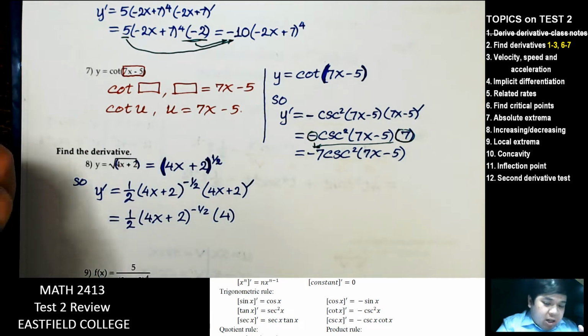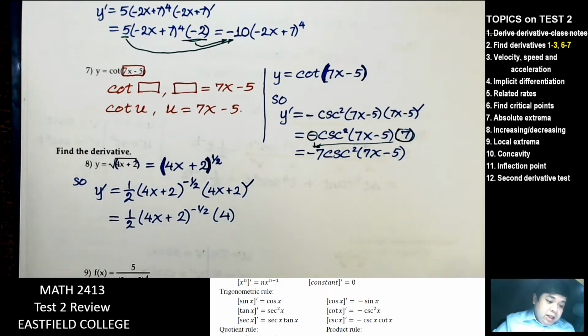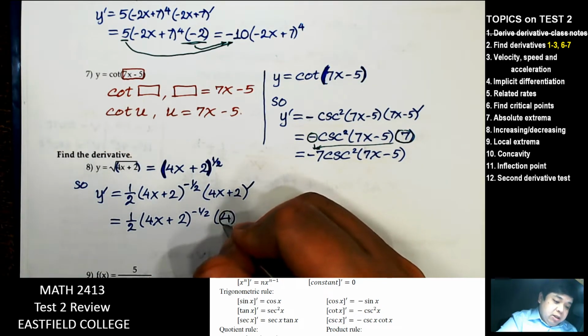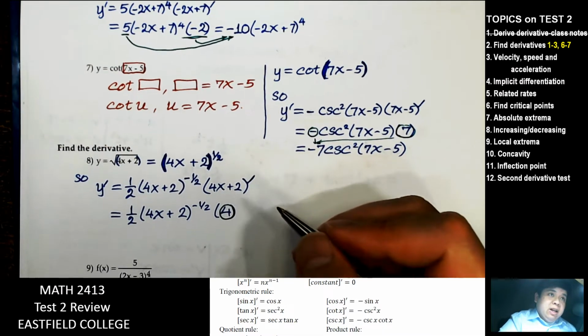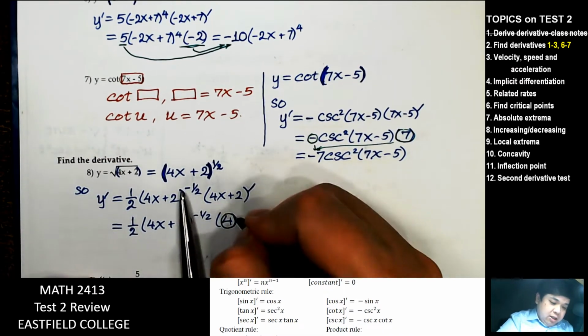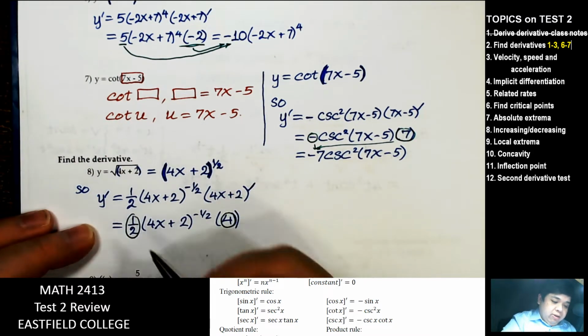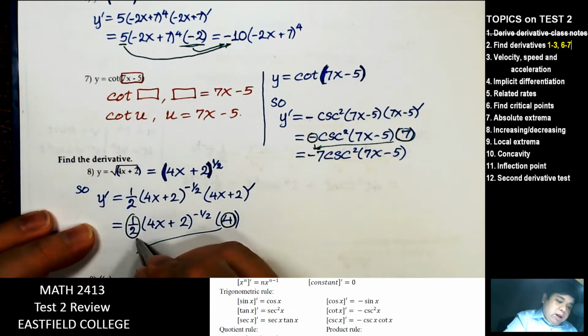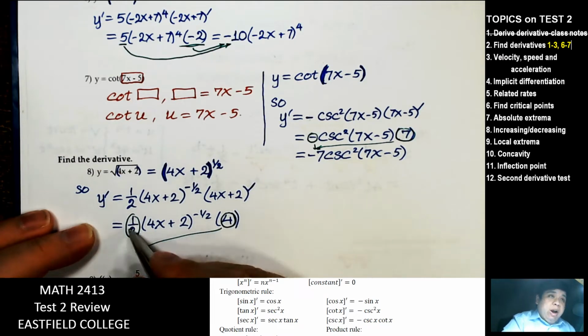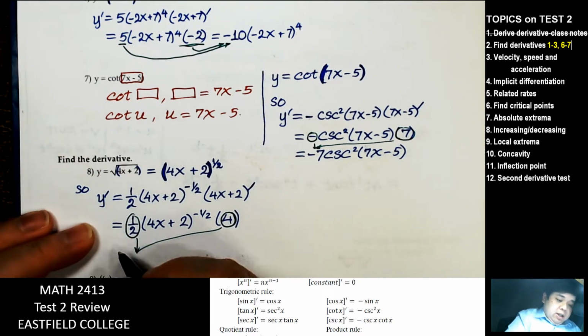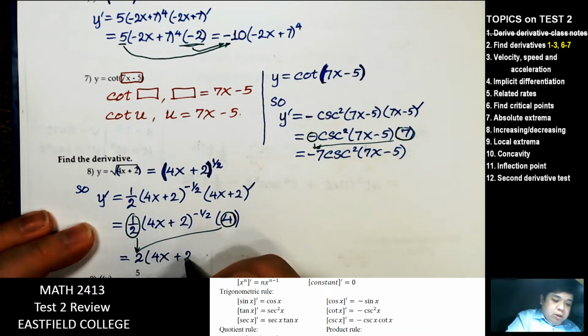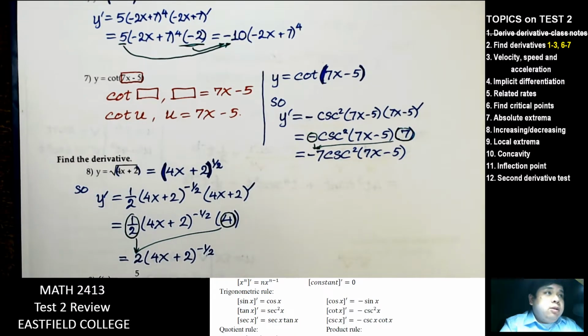Usually we leave it like this, but if we just have one number for the derivative of the parentheses, I will multiply it with the 1/2 here. 4 times 1/2, 1/2 times 4 is going to be 2. And then we have 4x plus 2 to the negative 1/2. Right?